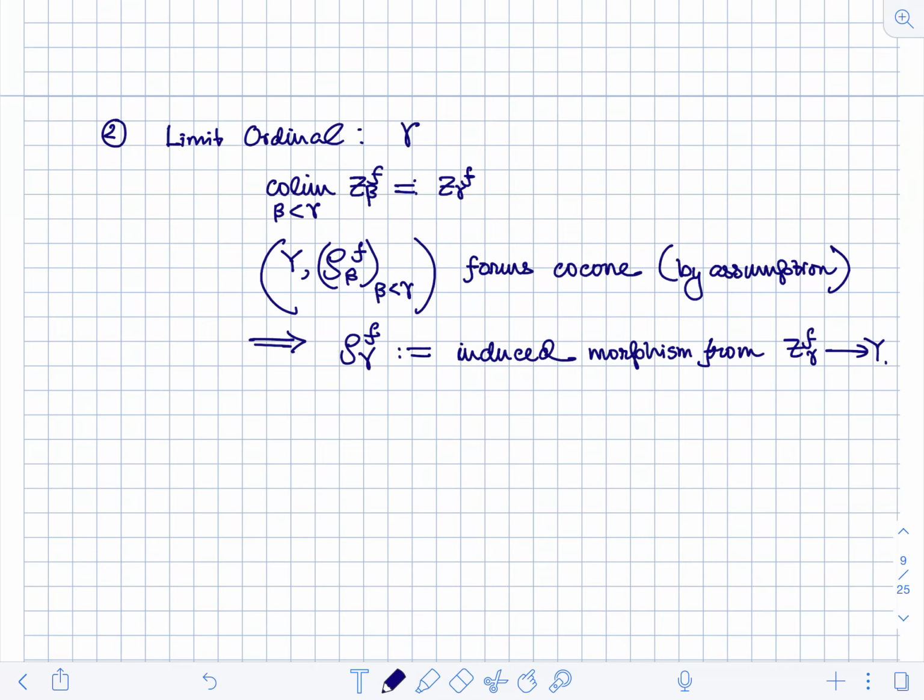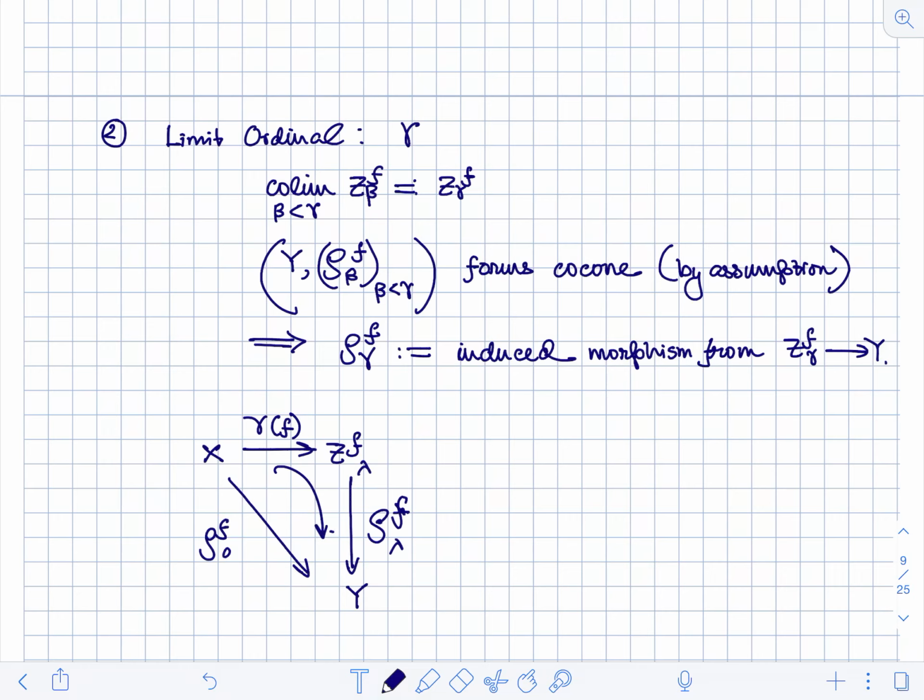And we see that since this is a transfinite composition, the transfinite composition defined by this lambda sequence, there is also a map rho f lambda, and we have rho f naught.